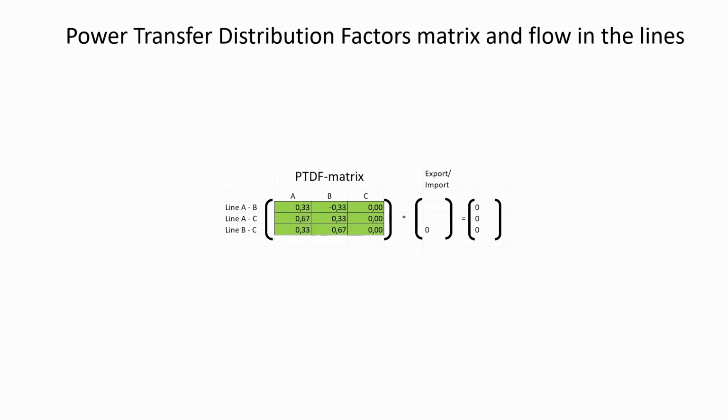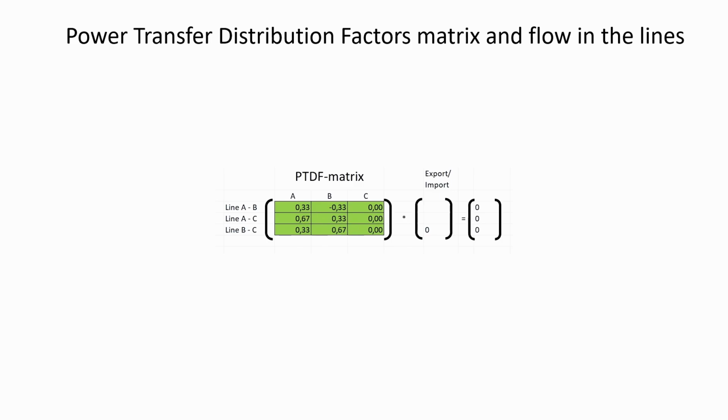When we consider the physical flows, we need a way to calculate the flows. In order to do that, we will use a power transfer distribution factors matrix. This matrix is shown here as a 3 by 3 matrix.